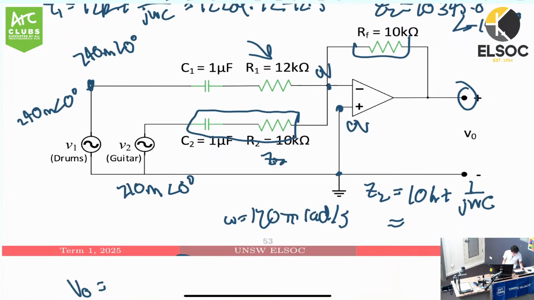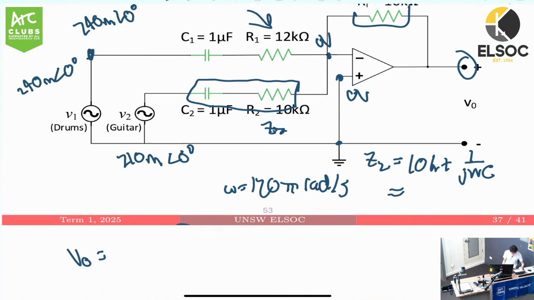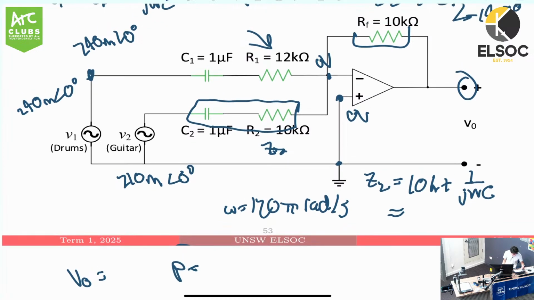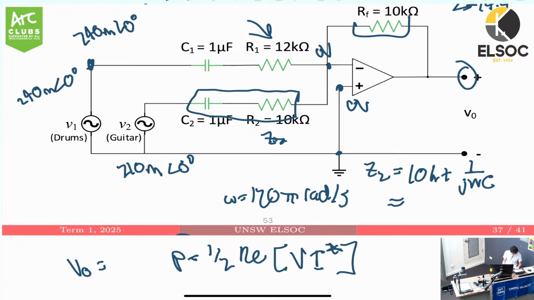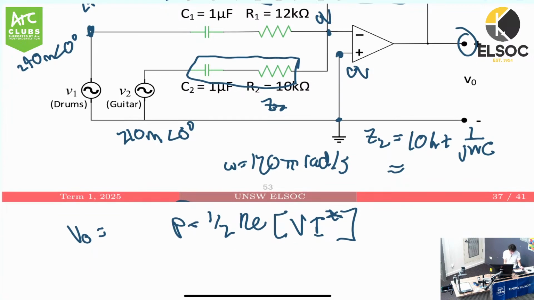I'll write it here. Power is equal to half times the real part of the voltage phasor times the conjugate of the current phasor. Now, I don't want to work with currents because I don't have it right here, or I can derive it easily, but I don't want to.